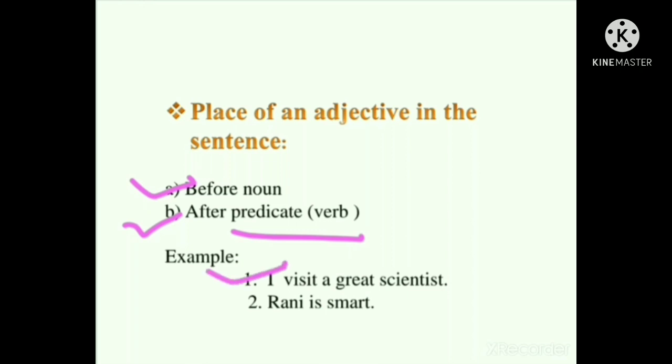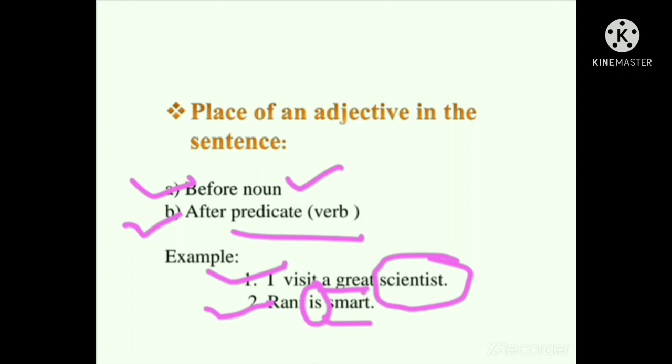In this example, great is an adjective, and it is there before the noun scientist. This is the first place, that is, before the noun. And in the second sentence, see, Rani is smart. In this sentence, smart is an adjective and it is after the verb, that is, the predicate. Okay, these are the two places where you can find adjectives in sentences.